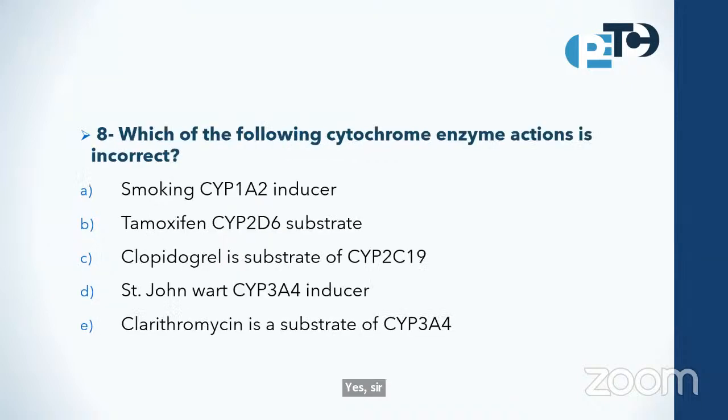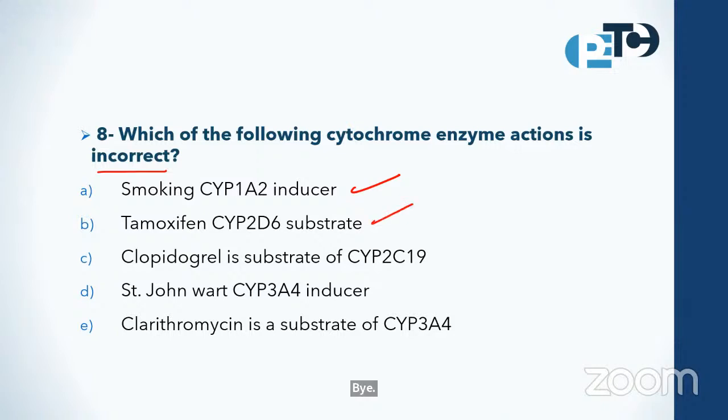The next question. Which of the following cytochrome enzyme actions is correct? Let us compare the substance and the effect on the cytochrome. Smoking is a cytochrome 1A2 inducer. Is it correct or wrong? Yes, it is correct. Tamoxifen is a cytochrome 2D6 substrate.